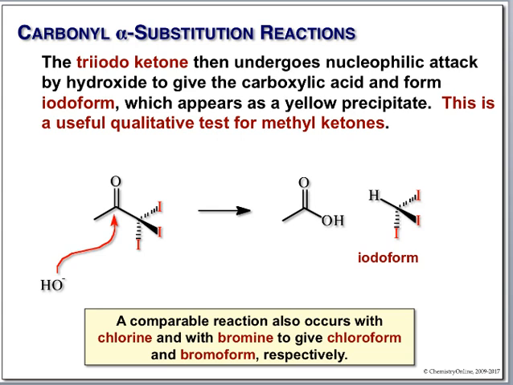Iodoform really is good. The bottom line thing to remember here is that the iodoform test diagnoses a methyl ketone or aldehyde. Very, very useful. Quite often this shows up on standardized exams. Any questions?